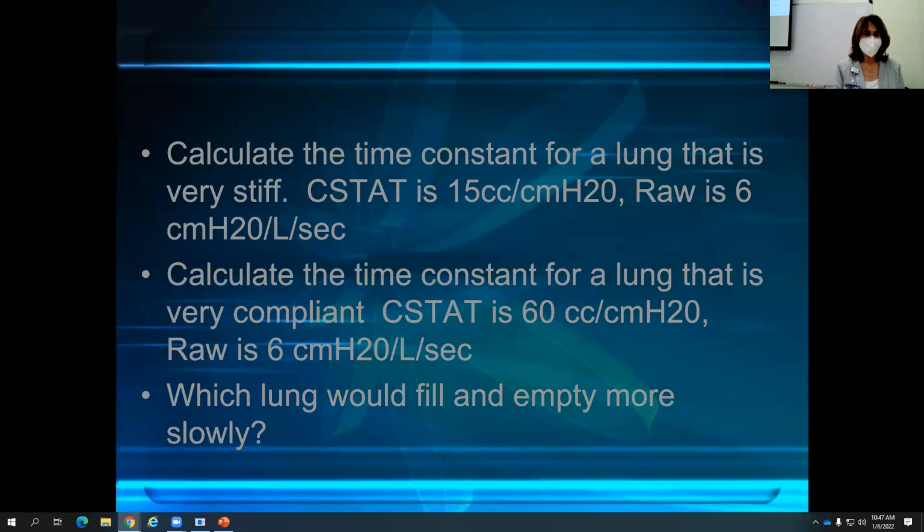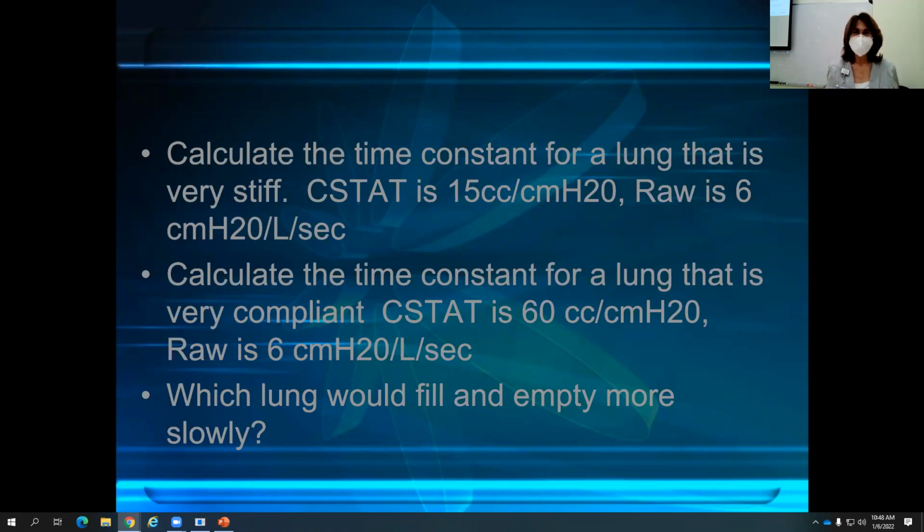Compare that and then answer the question at the bottom. Which lung would fill and empty more slowly? Which lung would fill and empty more slowly? And you're looking for the one that's going to have a longer time constant.